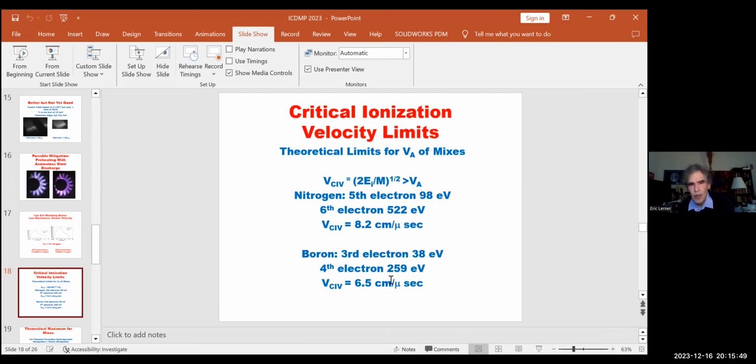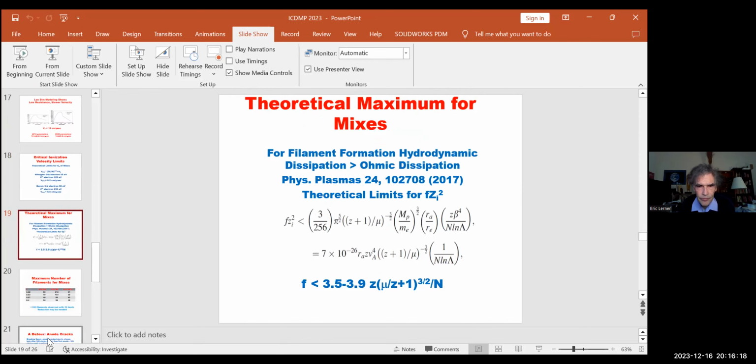So basically what we see is probably happening is that as the sheath exceeds 8.2 centimeters per microsecond, we started to get this ionization and emission of the soft X-rays. So that's what was probably slowing the sheath down. That's a consideration that we have to have in planning the conditions for running with boron.